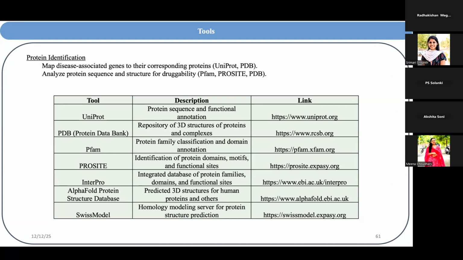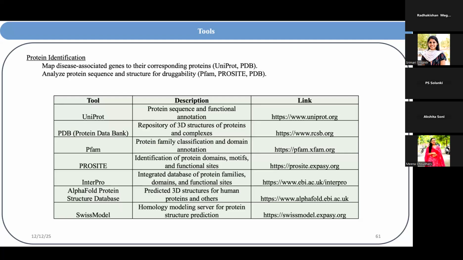Here first we use UniProt. UniProt is a very comprehensive resource for protein data. It has sequences, functional annotations, domains, motifs, etc. Then if we want more information about the three-dimensional structure, we look at the PDB, Protein Data Bank.